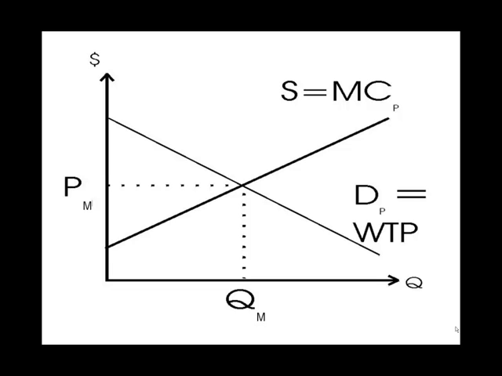So let's just consider the basic supply and demand curve that probably most of you have seen many times before. We know that the demand curve can be derived from the marginal willingness to pay curve. So if a consumer sees a particular price, they're going to want to consume that quantity.